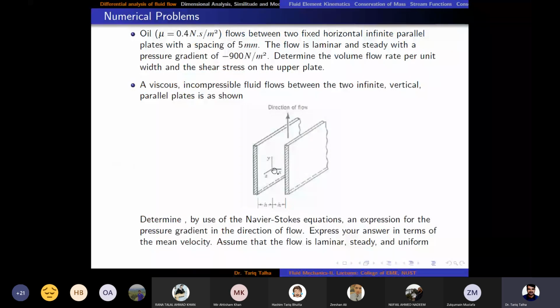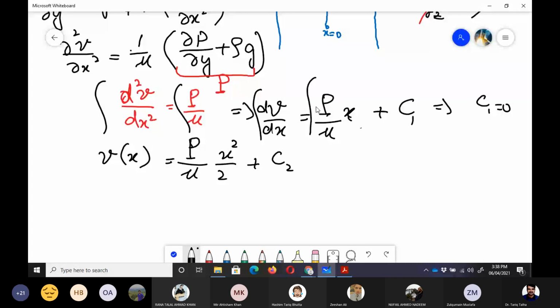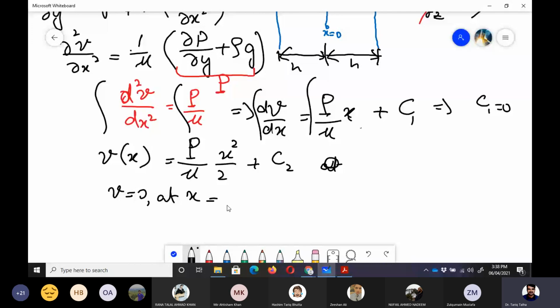If you look at this figure, if I show it here, this is also h. So I can write that v is equal to 0 at x is equal to plus h, or x is equal to minus h for that matter.